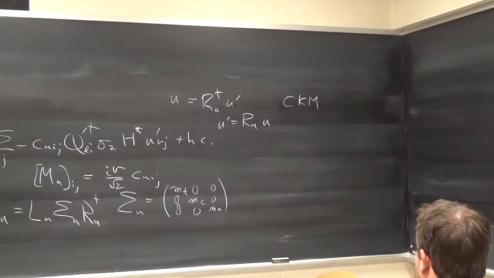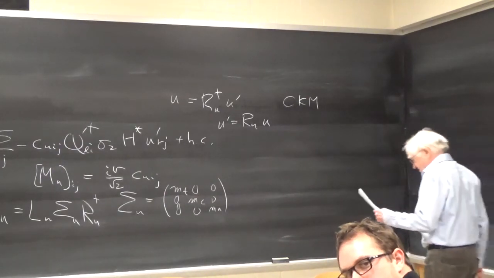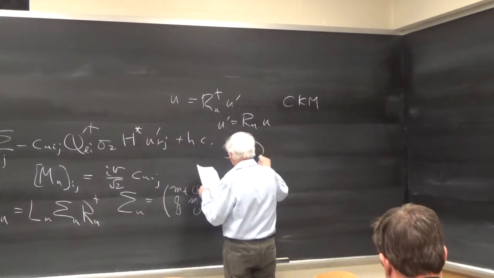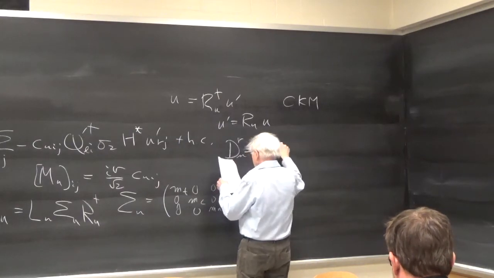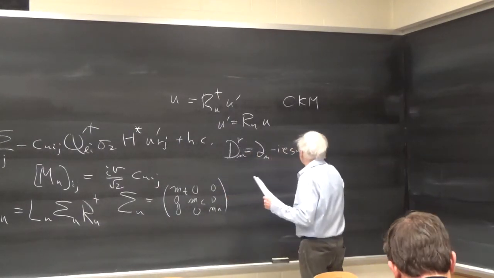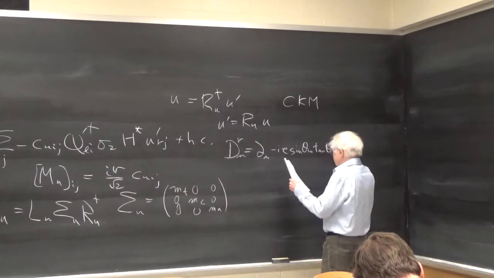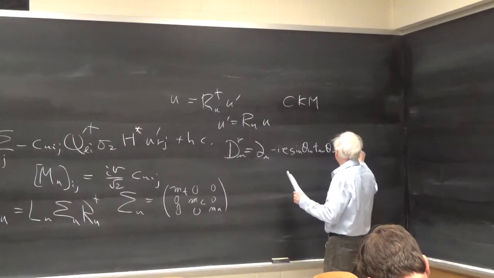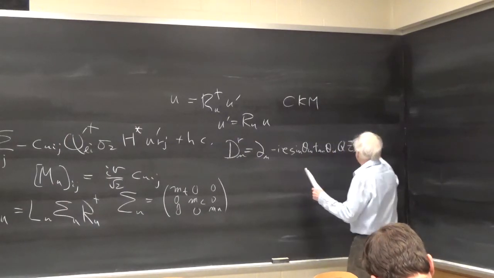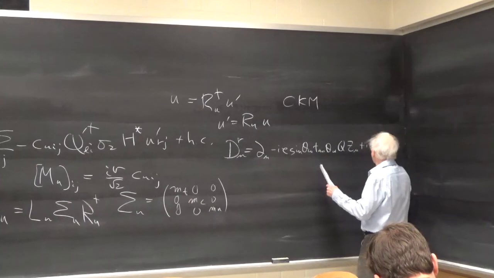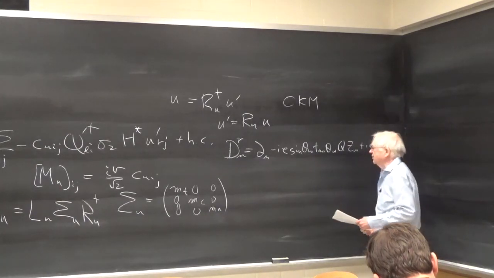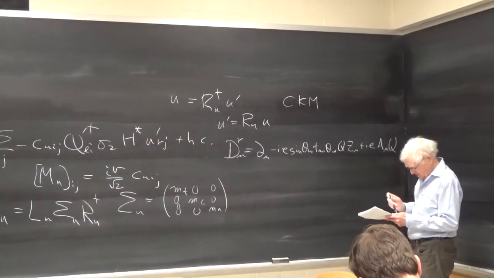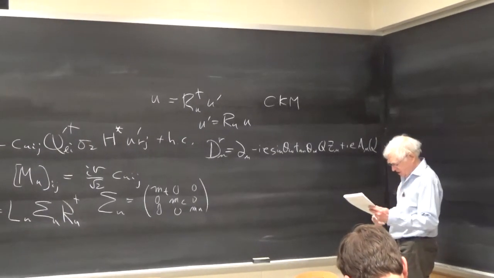So let's look at the CKM matrix. First of all, D_R mu, as I wrote down before, is d mu minus i e sine theta W tan theta W, let us say, Q Z mu plus i e A mu Q. And let me just write down a question there.